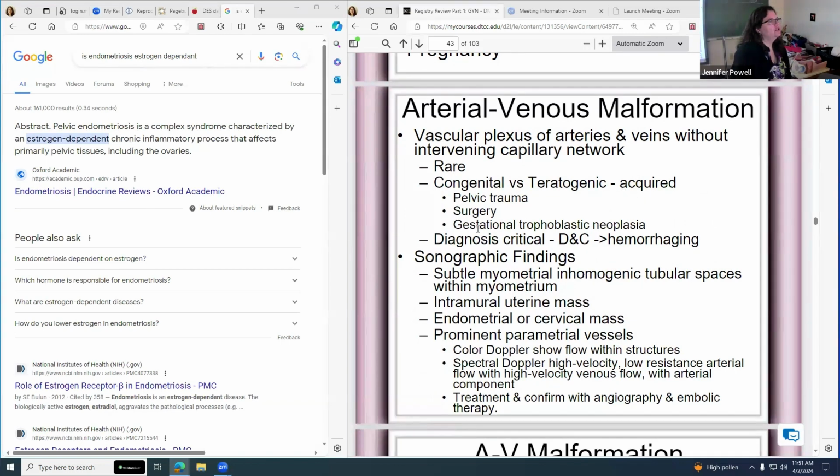So pelvic trauma, surgery, or gestational trophoblastic neoplasia. So this gestational trophoblastic neoplasia is molar pregnancy. Can cause this AV malformation.